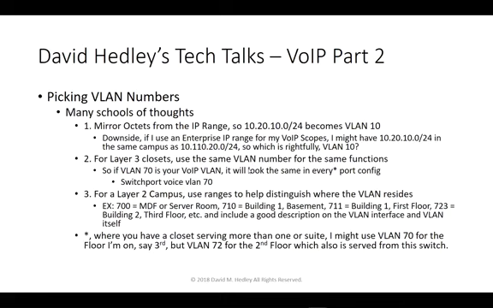The users I'm going to move off into different VLANs, and I'm going to describe things. So 710 would be this campus, building 1, whatever that is, in the basement. 711 first floor, 723 would be building 2 third floor, and like that.